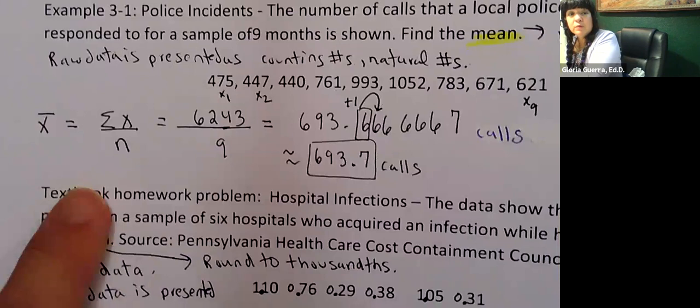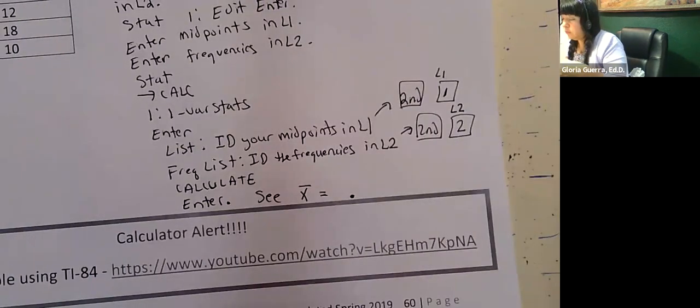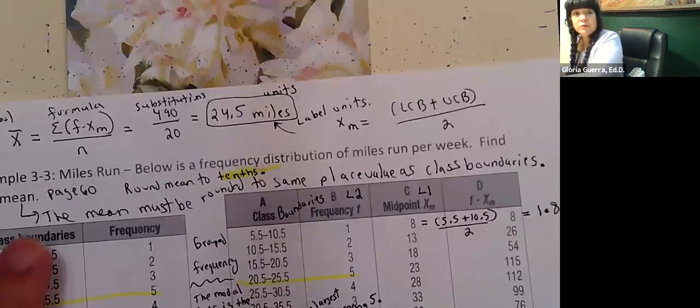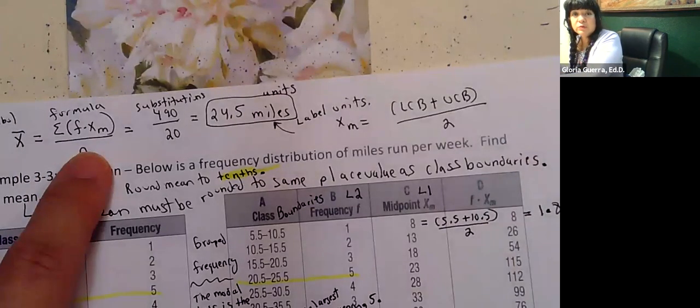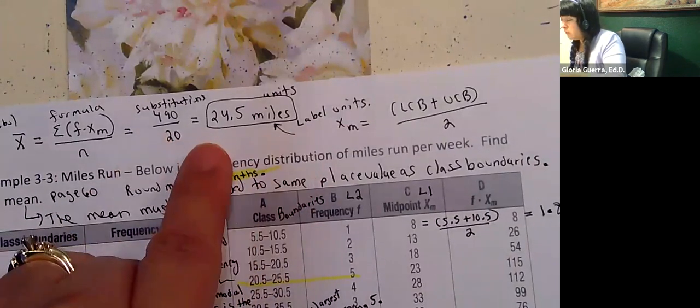Remember X bar, and the formula is different. But here you have group frequency data. So you're still using mean, but you have a different formula, and you're still doing your substitutions. And this one had labeling because it was miles.